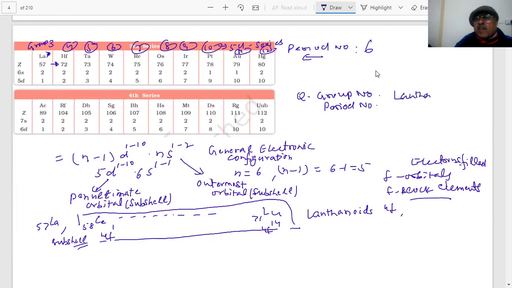What is your answer? You have 30 seconds. What is the group number? This belongs to group 3. And which period do they belong to?